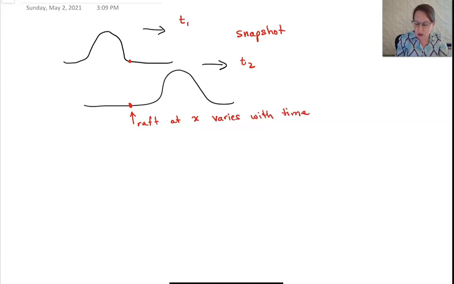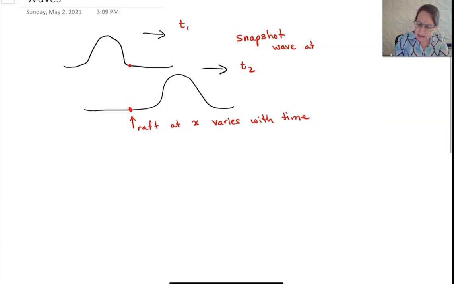The snapshot view is going to be the picture of the wave as a function of position, when it's high and low at different x positions at a given time. So picture of the wave at a given time versus how the position varies. The raft is sitting at x and how the y position varies with time.